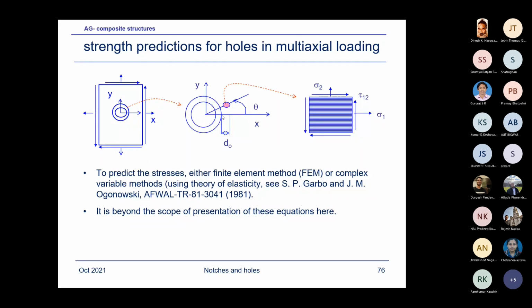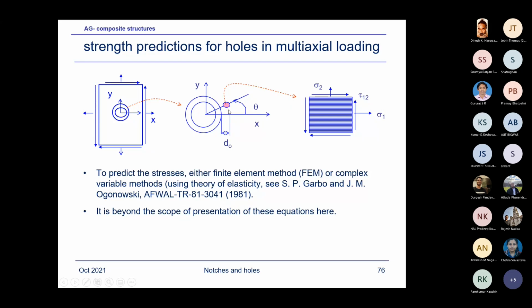For simplicity, use the same characteristic dimension all across, because the failure could occur here, here, wherever the stress reaches the unknown strength value of the material under multi-axial loading.